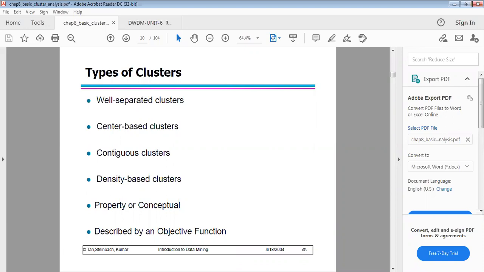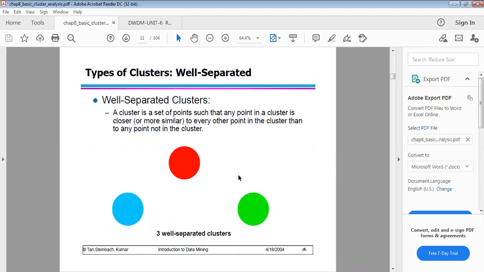Now these clusters you have to divide into different types: well-separated clusters, center-based clusters, contiguity-based clusters, density-based clusters, shared property or conceptual clusters, and clusters described by an objective function. First, well-separated clusters: a cluster is a set of points such that any point in a cluster is closer to every other point in the cluster than to any point not in the cluster.